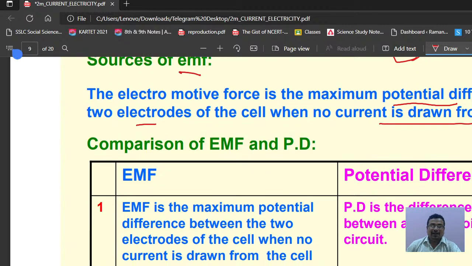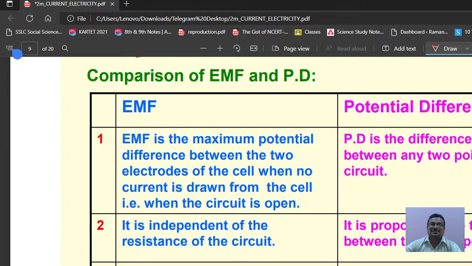So now my dear friends, let's discuss what is the difference between electromotive force and potential difference or voltage. Are both the same or are they different? What is the difference between EMF and potential difference? So first, EMF, electromotive force, is the maximum potential difference between the electrodes of a cell when no current is drawn from the cell.